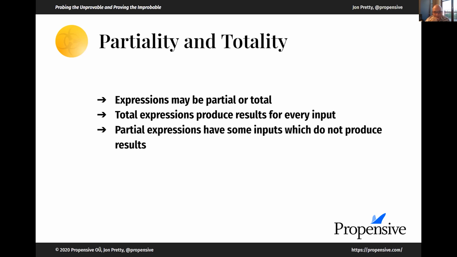A partial expression may have some inputs which don't produce results. And the only way out of not producing a result, we can't have the JVM just suddenly stop dead. I mean, we could, but it's not useful. The way out is to throw an exception and to start bubbling up the stack to a point where we know how to handle that.